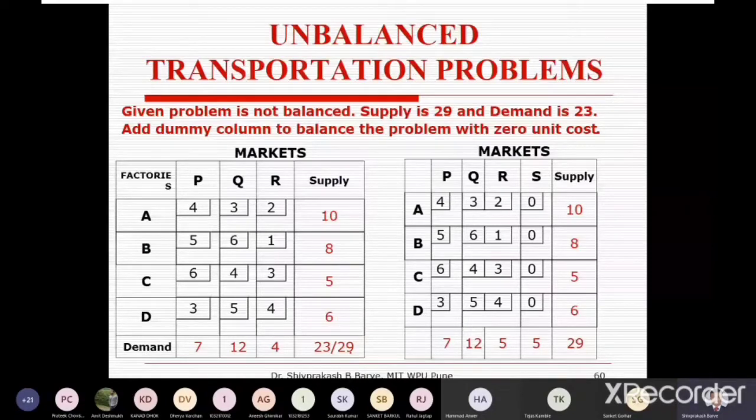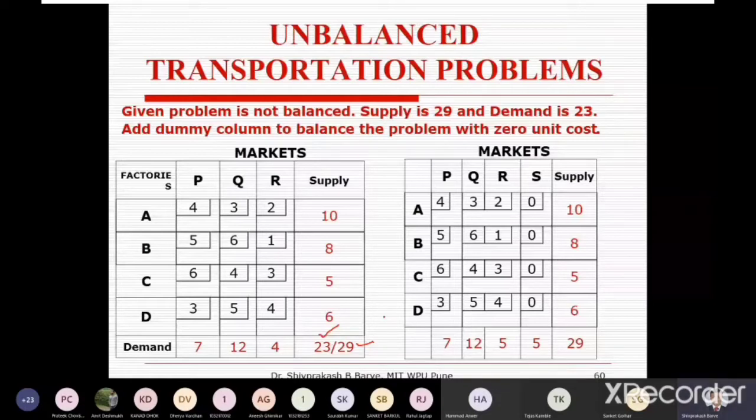So 29 is the capacity for the supply. Now check the demand: 7 plus 12, 19 plus 4, it is 23. So here the supply is 29 and demand is 23. This supply and demand is not equal, and it is called an unbalanced problem.